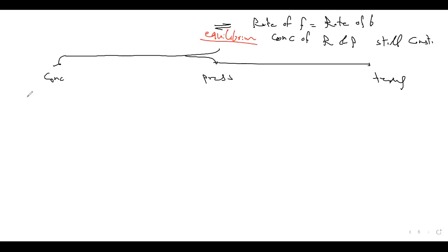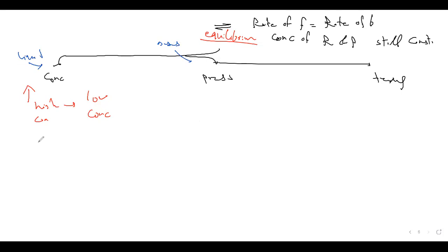Concentration: by increasing concentration, the reaction moves from high concentration to low concentration. Concentration can be used for liquids, while pressure can be used for gases.